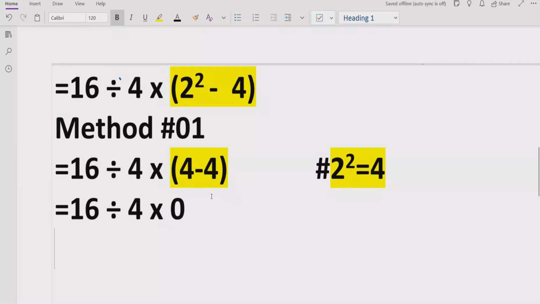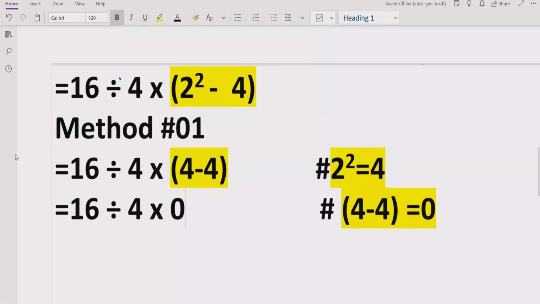Now we will solve the rest. That is the trick by which you get the wrong answer. And if you solve using the other method, you will get the correct answer.